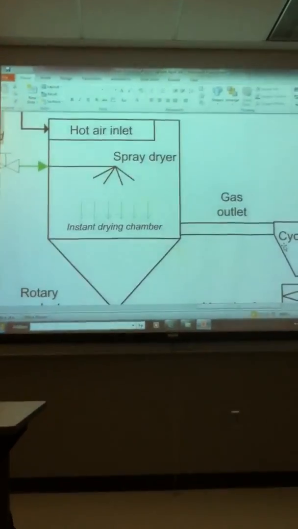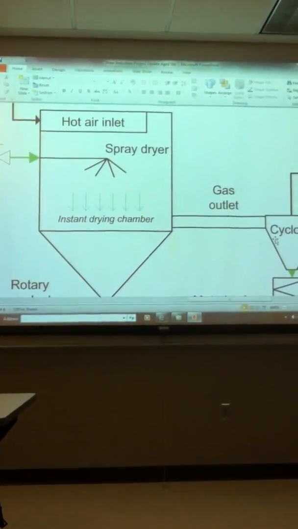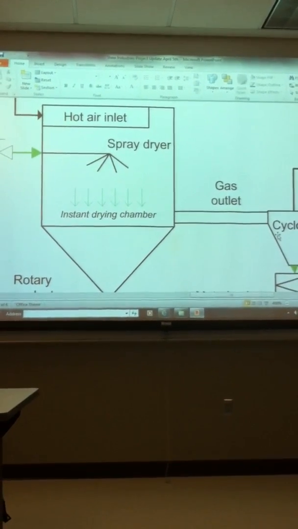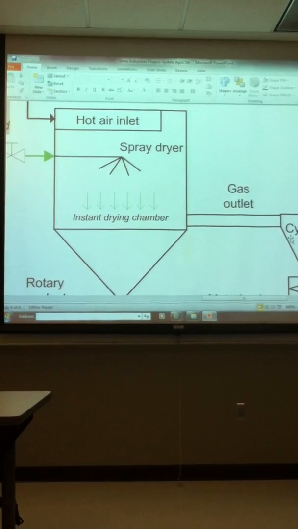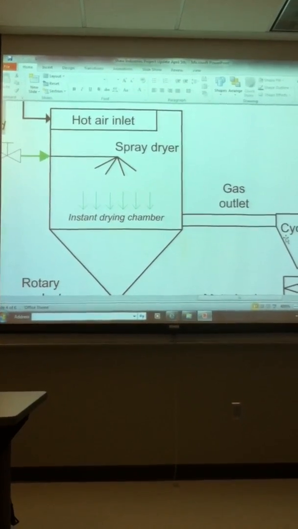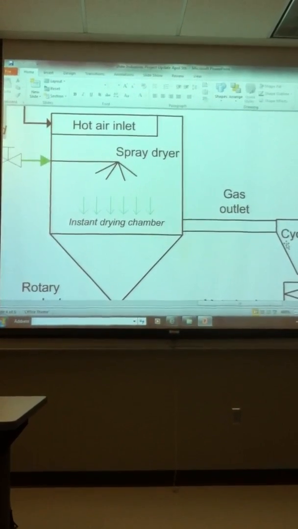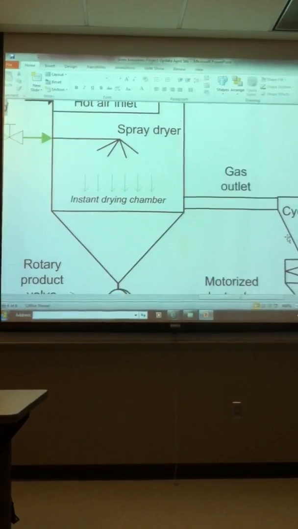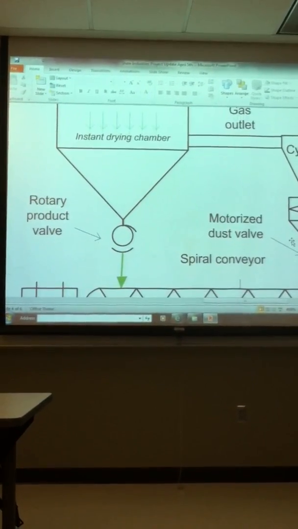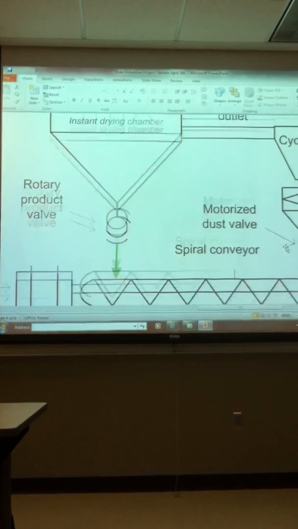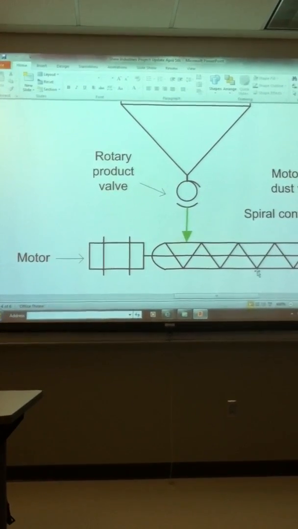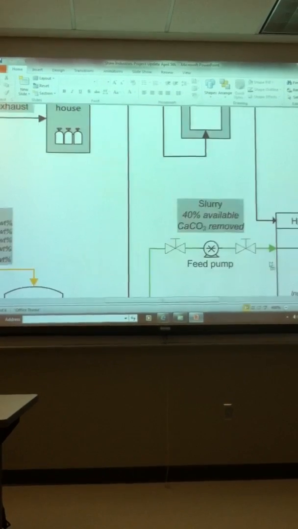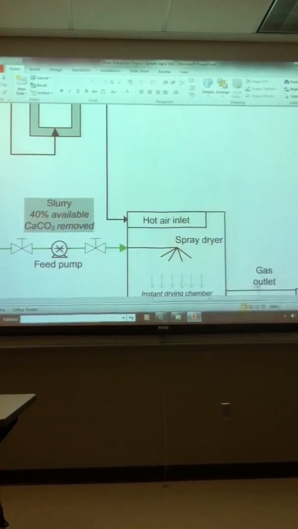I'm getting hot air from the exhaust from the plant. The slurry is sprayed in and you get vaporized, evaporated on its way down. It lands at the bottom of the drying chamber where the product is put onto a spiral conveyor, which is powered by a motor.